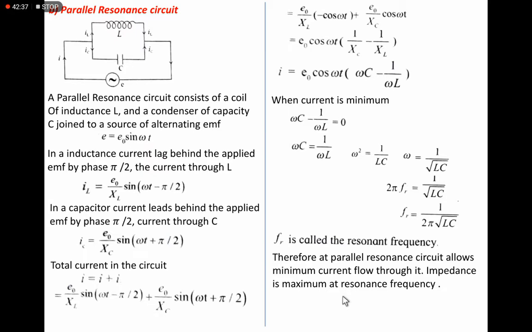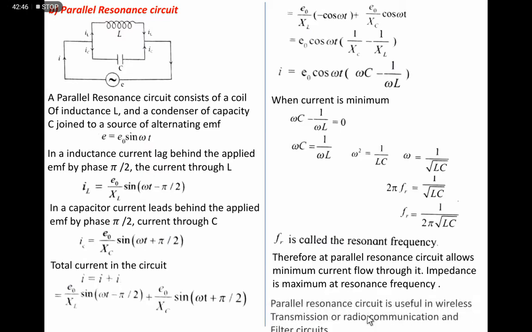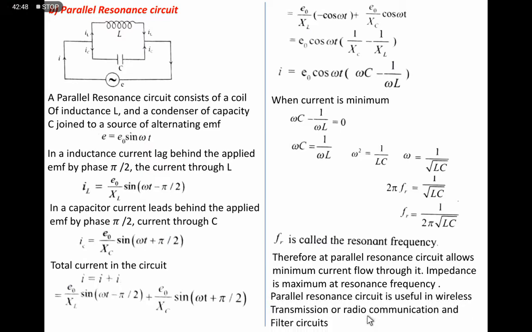In a series LCR circuit, the impedance becomes minimum and the maximum current is there in the circuit. The use of this parallel resonance circuit is in wireless transmission. Wireless transmission means TV, mobile transmission, radio communication.